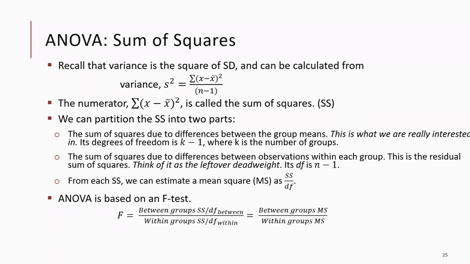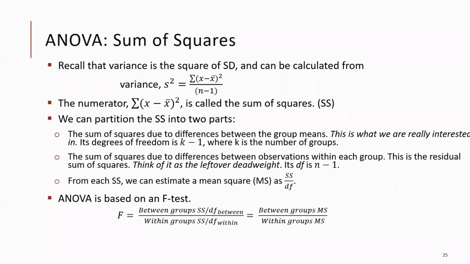We can go ahead and say the sum of squares can be put into two parts. The sum of squares due to differences between the group means, which is what we're really interested in here, or the sum of squares due to differences between the observations within the groups. Now, this is the residual sum of squares.